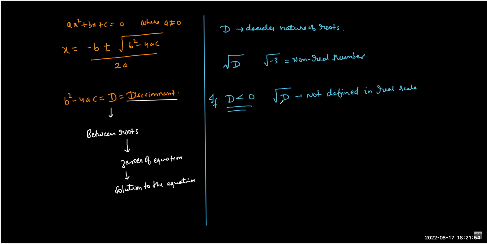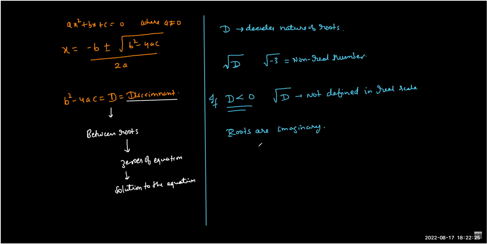So if D is negative, it means the roots are going to be, what do we call? Imaginary. Because the roots are not going to be on a realistic scale. So we say roots are going to be imaginary. A negative D will give you the property of roots, and it will tell you that roots are imaginary.